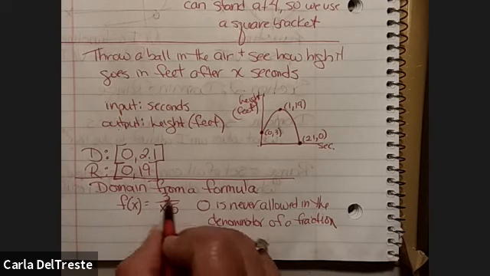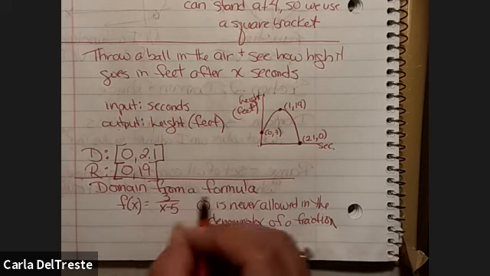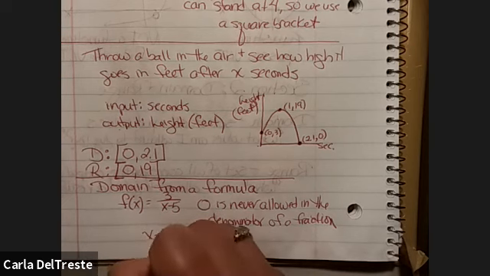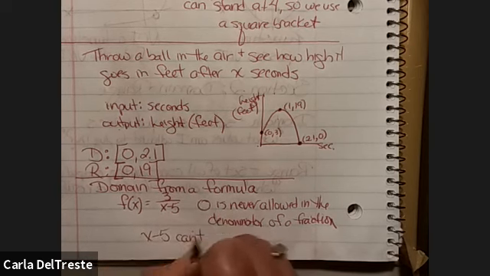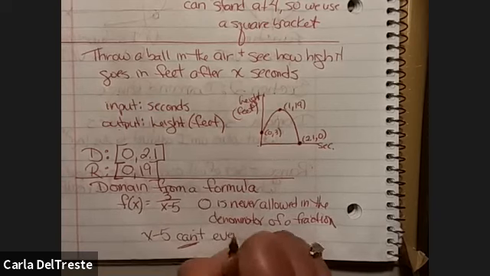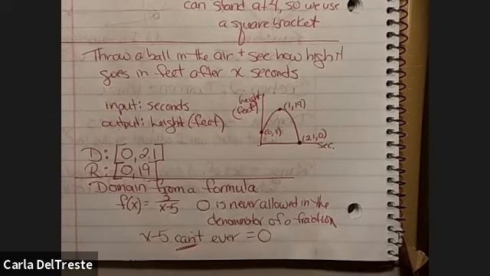That means that we need to restrict anything that would make this 0. So we're saying x minus 5 can't ever equal 0. Well, there is a value that makes that 0, okay? If x was 5, this does happen, okay? 5 minus 5 is 0.